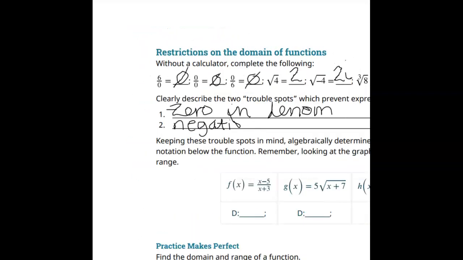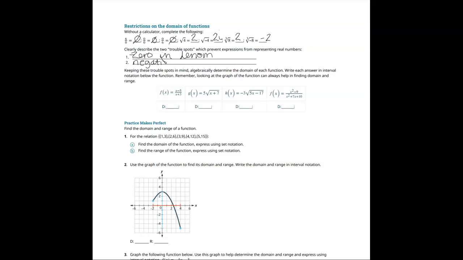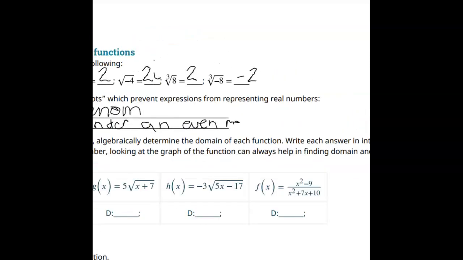Oh my gosh. Under an even root. My goodness gracious.